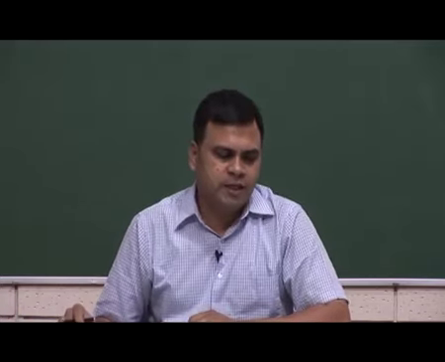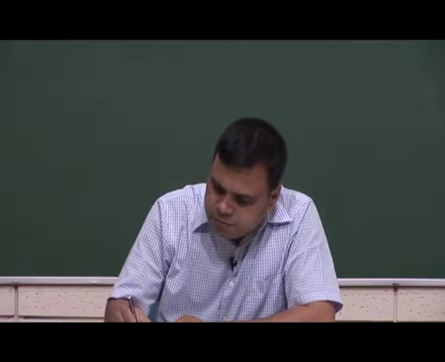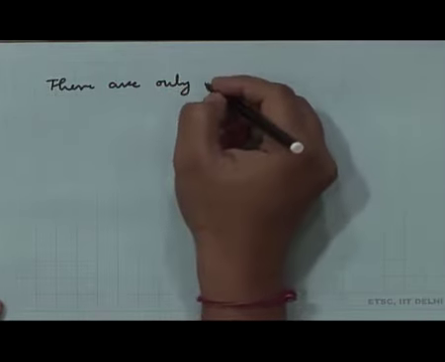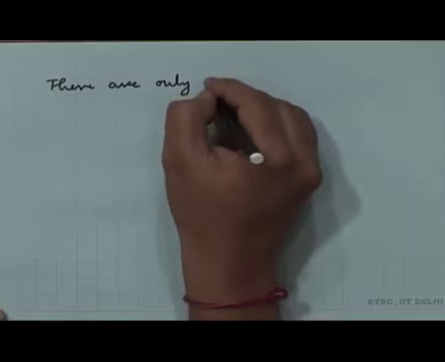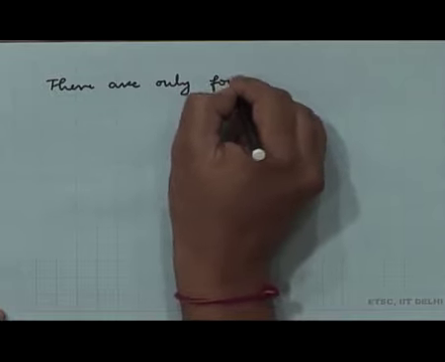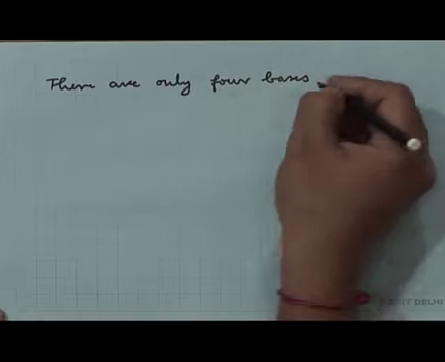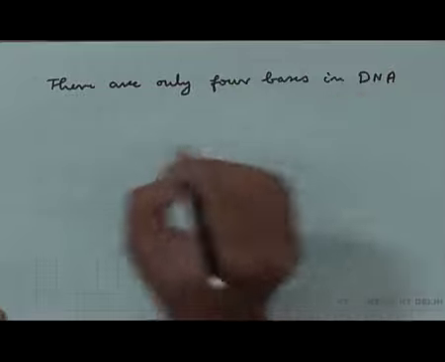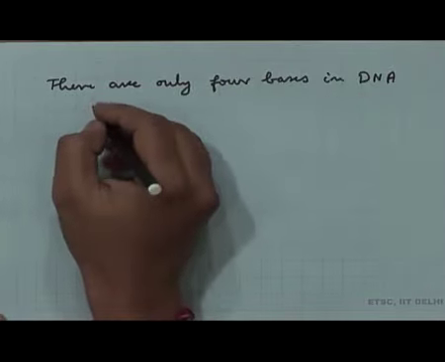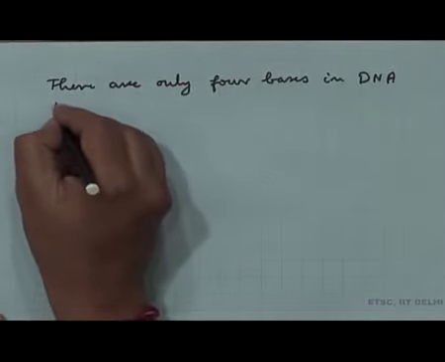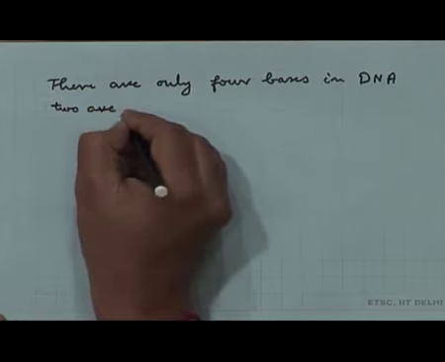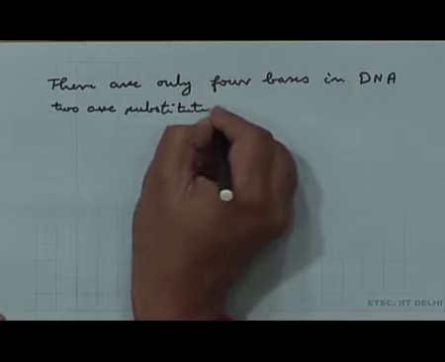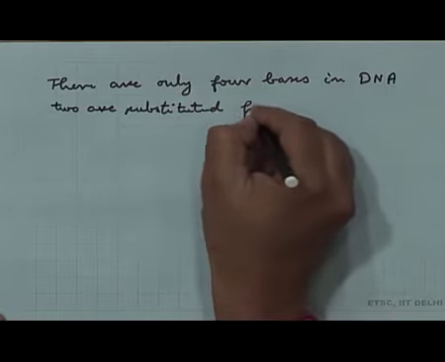What kind of bases are there? There are only 4 bases in DNA. 2 are substituted purines.